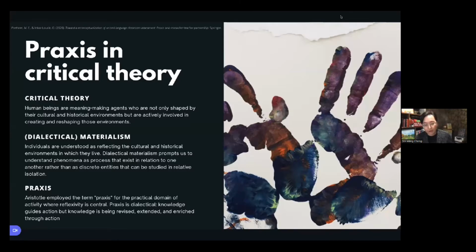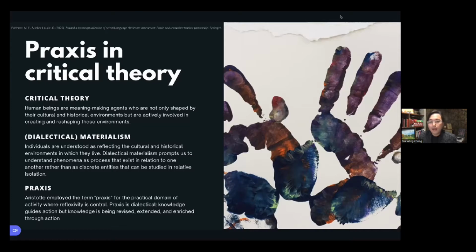And just an example, COVID is an environment that everybody is in, and we inescapably are or were affected by COVID. For example, lessons have to be moved online. So that's passive. But at the same time, teachers, researchers are working really hard to think of innovative ways to teach in a way that really helps learners in an online setting.